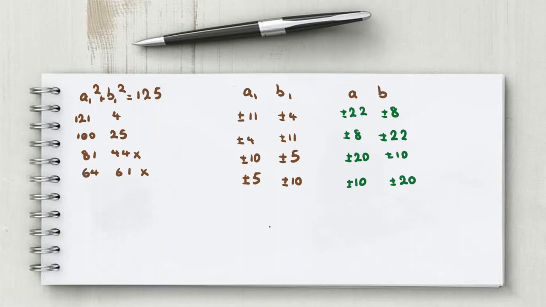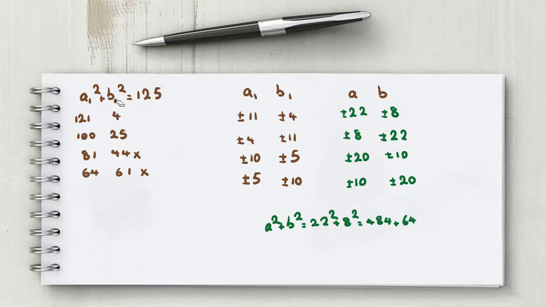If you check a squared plus b squared for the first case, 22 squared plus 8 squared, it will be 484 plus 64. Sorry, that's the reason I say always check.